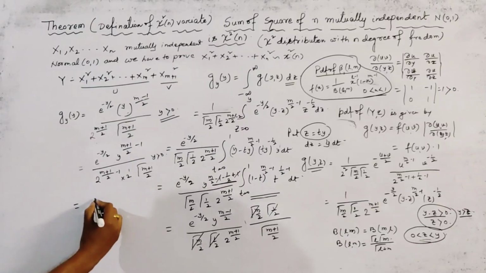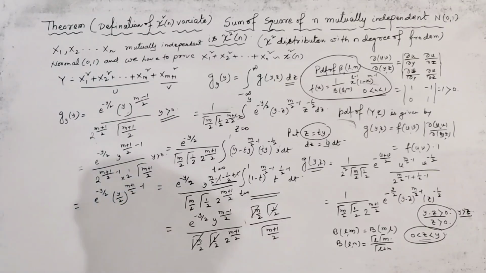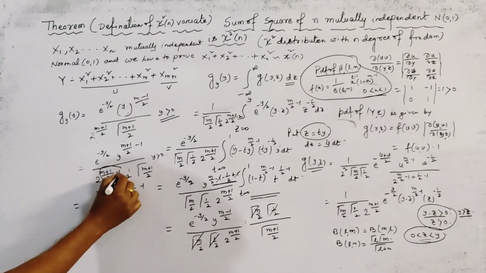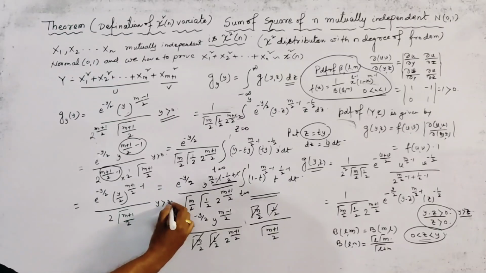And this relation gives that e to the power minus y by 2 into y by 2 to the power m plus 1 by 2 minus 1, because the power of 2 and power of y are both the same, by 2 into gamma m plus 1 by 2 and y greater than 0.